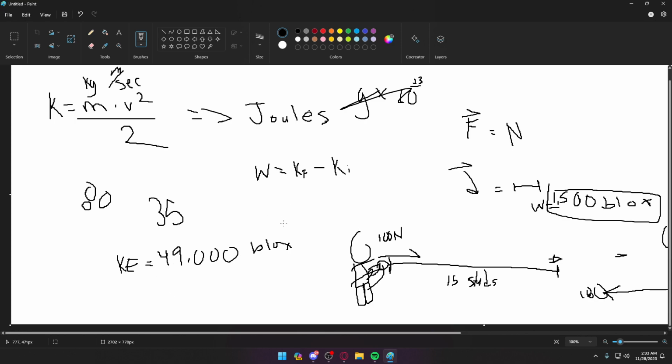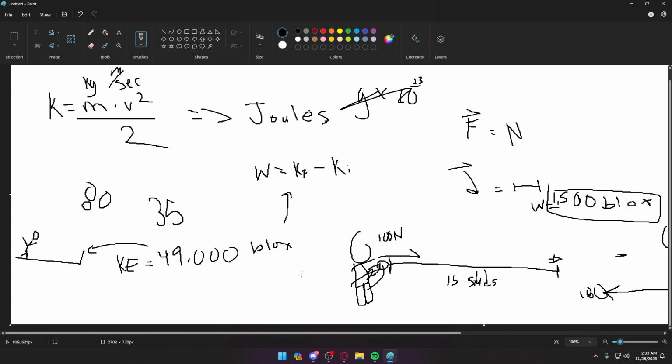Let's say that's his final, him moving at his speed, which is 35. The final is this number right there. If he's initial, what would his kinetic energy be at his initial point?